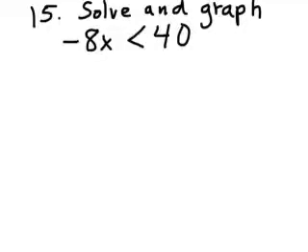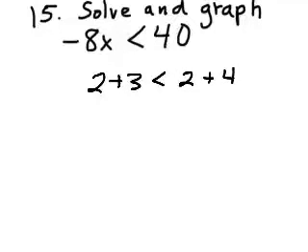Number 15, solve and graph the inequality. It's negative 8x is less than 40. Okay, now dealing with inequality, let's just think about this for a second. Let's say 2 plus 3 is less than 2 plus 4.